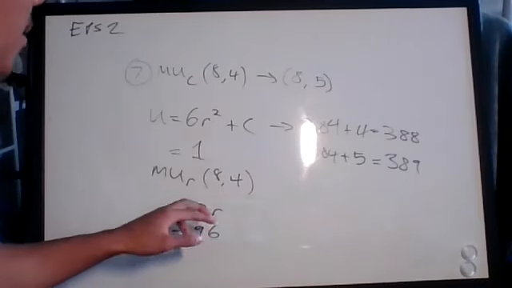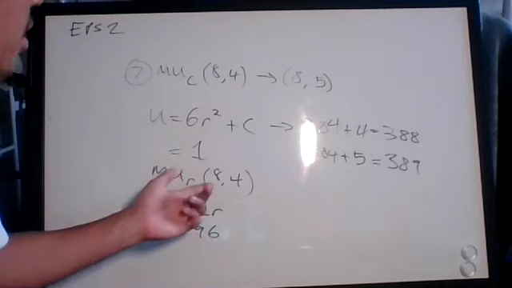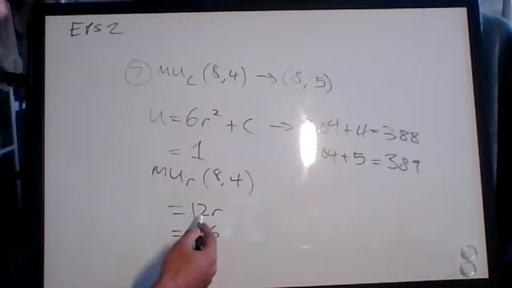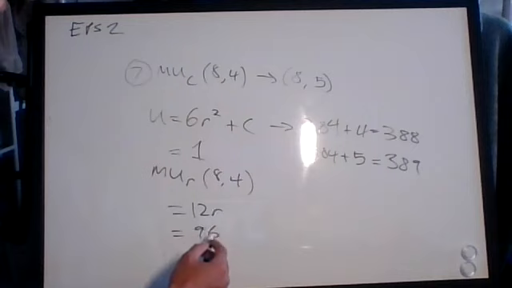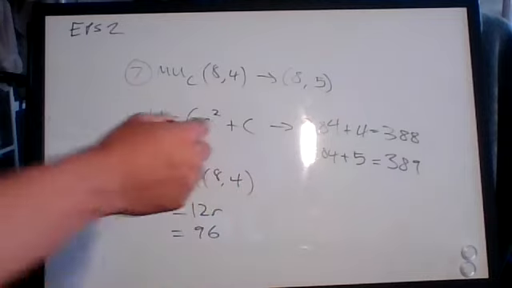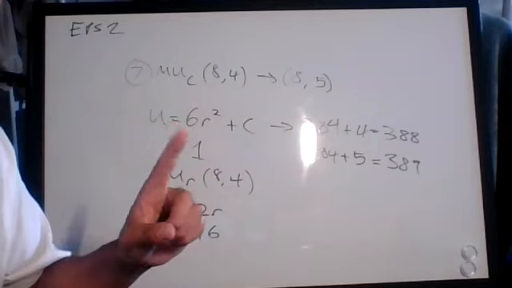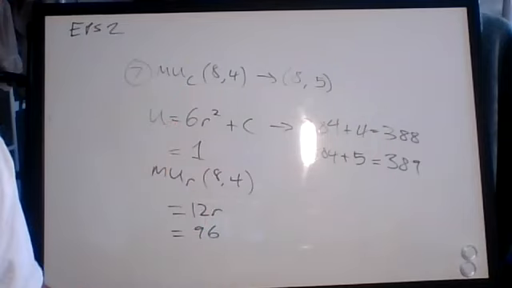That's a good question. If I was at 8 units of rice, then that means that my marginal utility of rice is 12 times R, and then you plug in your 8 units, and that's 96. So you would get 96 additional units of utility from that single increase of rice. Does that make sense?